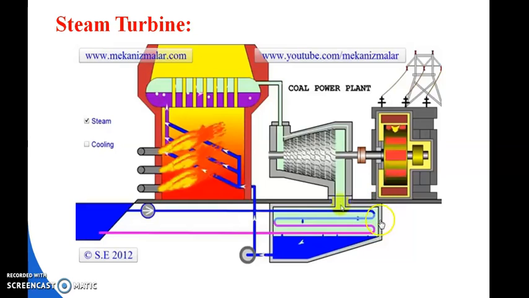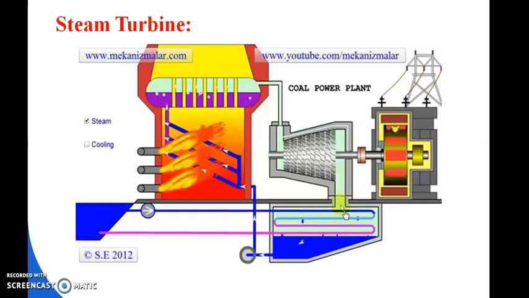This is the condenser. The function of the condenser is to condense the wet steam into water. It will convert the wet steam into water. How? That wet steam will come in contact with the cold water. Through this pipe, we are passing the cold water. So there will be indirect contact between the cold water and the wet steam.